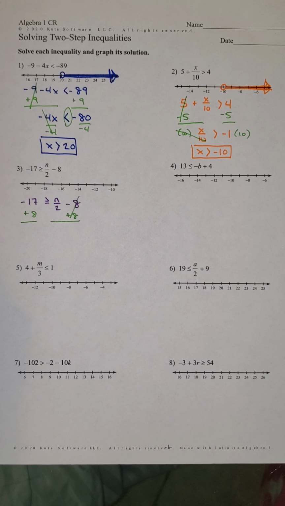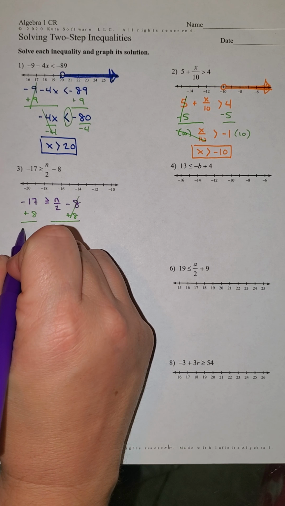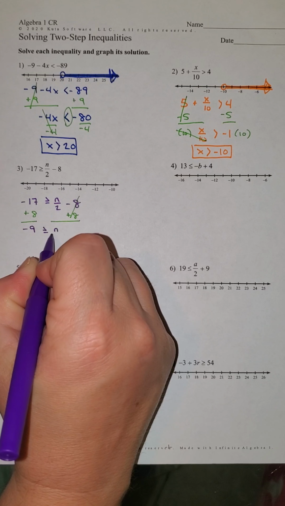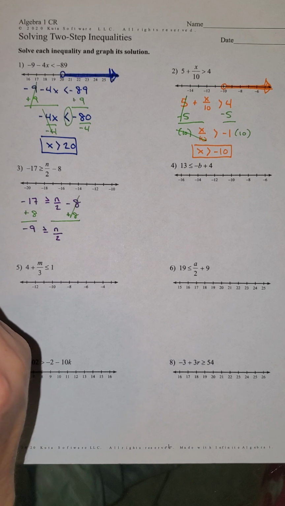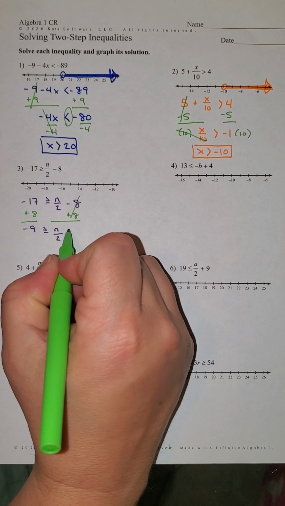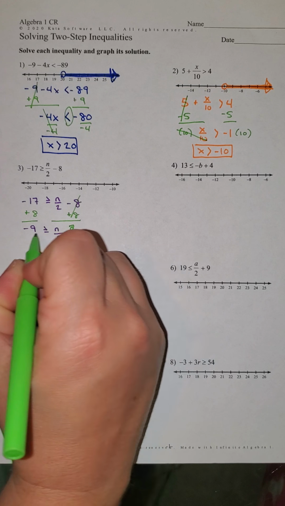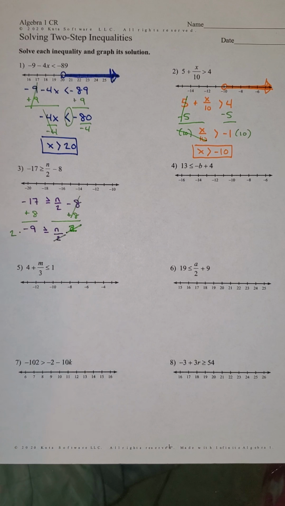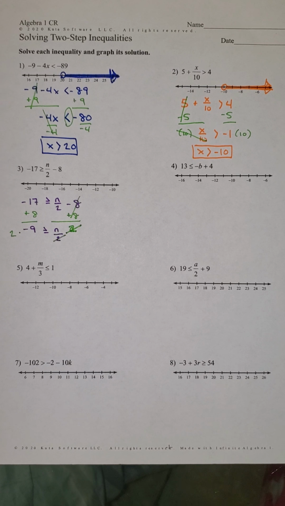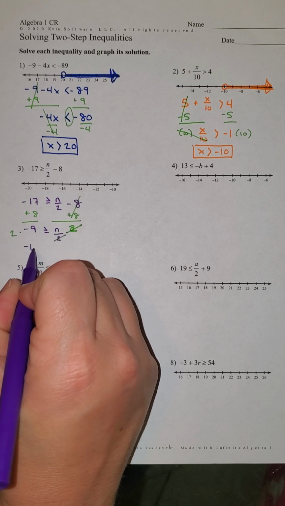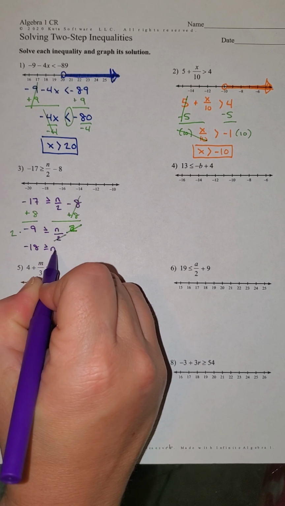So you have negative 17 plus 8, that's negative 9, being greater than or equal to n over 2. And then you have division, so that becomes multiplication. Multiply, not by n, multiply by 2. So the 2's cross out. This one, you don't switch the sign because you multiplied by a positive. So you have negative 18 being greater than or equal to n.